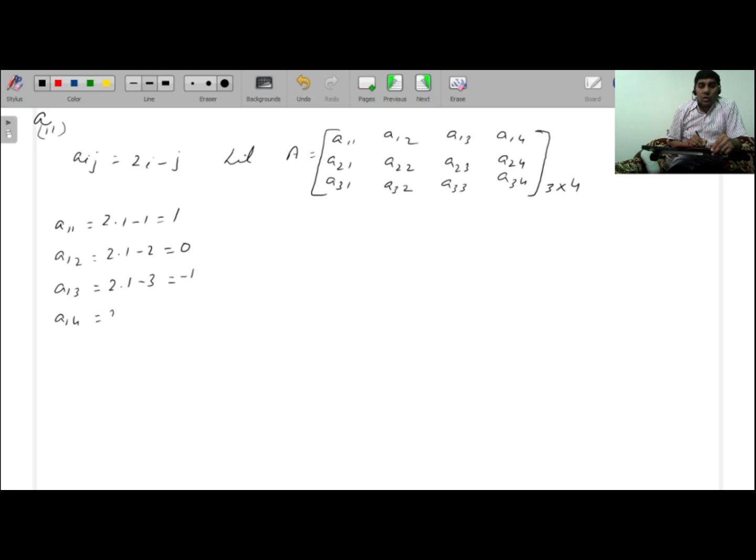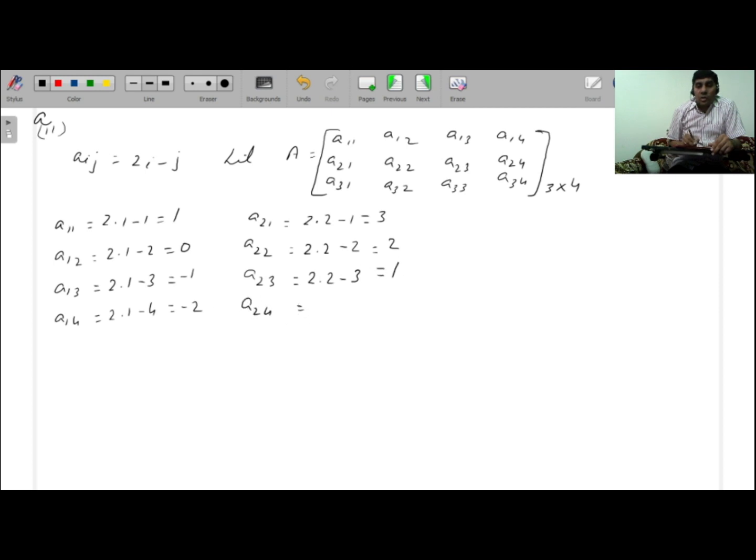A14, 2 into 1 minus 4 is equal to minus 2. A21, 2 into 2 minus 1 is equal to 4 minus 1 is 3. A22, 2 into 2 minus 2, 4 minus 2 is 2. A23, 2 into 2 minus 3, 4 minus 3 is 1.